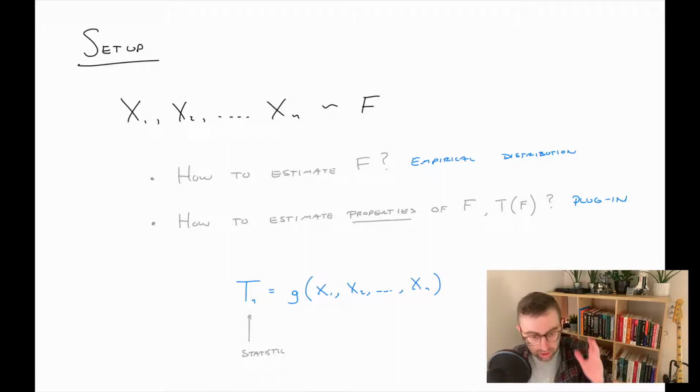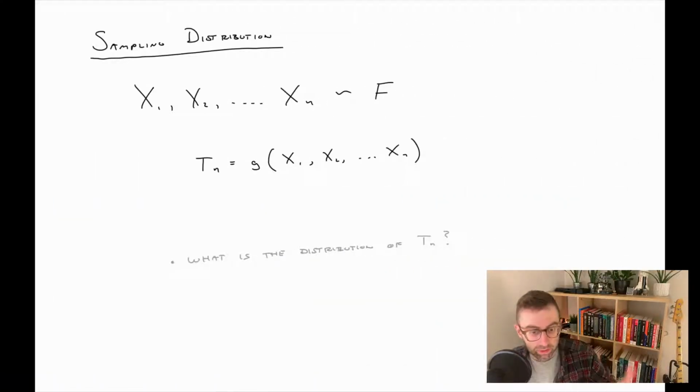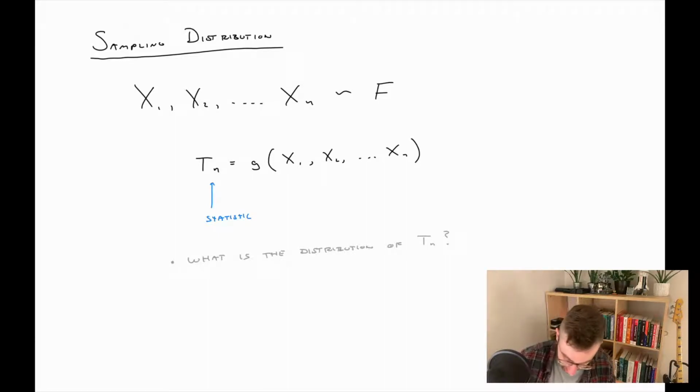And something that we generally want to know when we have a statistic is its distribution, which is often called the sampling distribution. So here we have our usual setup. We have some statistic. And the natural question to ask is, well, what is the distribution of that statistic? And then there could be follow-up questions. Maybe beyond just the distribution, maybe we're interested in particular properties of the distribution.